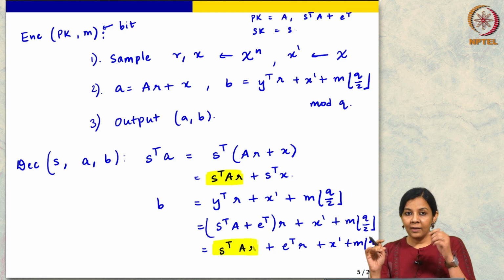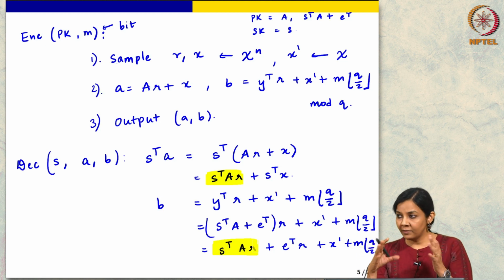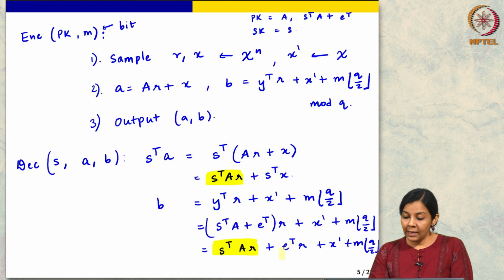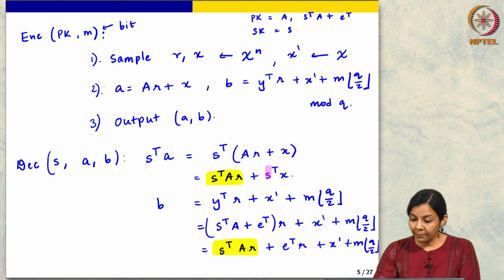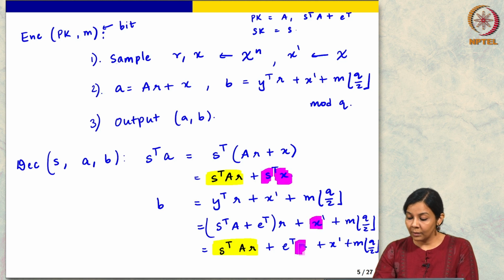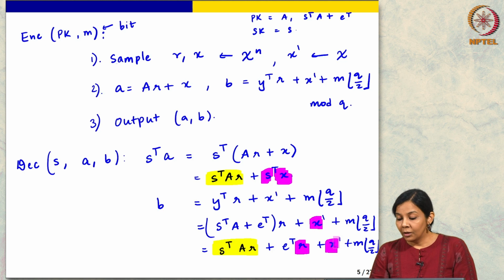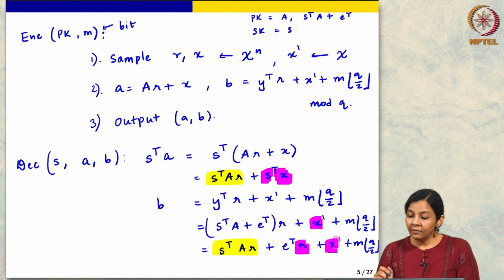S is binary, let us say, X is also binary, E is also binary, R is also binary, X prime is also binary. Let me highlight the binary things, or the error distribution things, with pink.